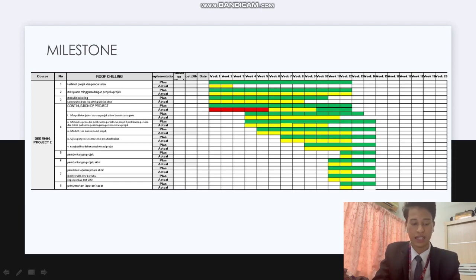Due to the COVID-19 pandemic that struck for a second time in Kedah, I had no choice but to stay where I live, which is in Selangor, for that period of time, causing a slight delay in the progress of my project. Other than that, everything is fine according to the plan that I've made.